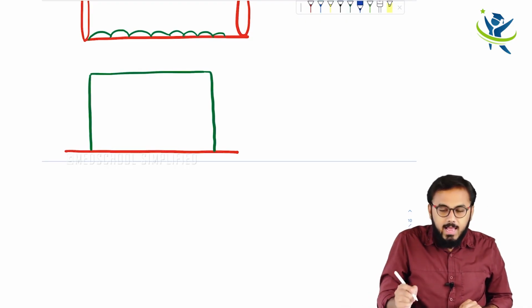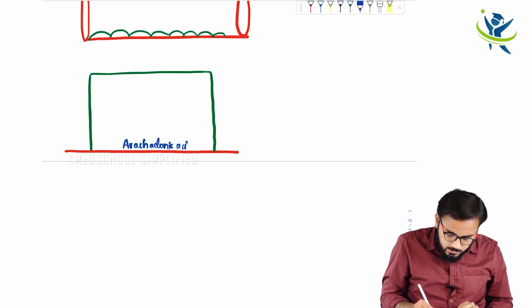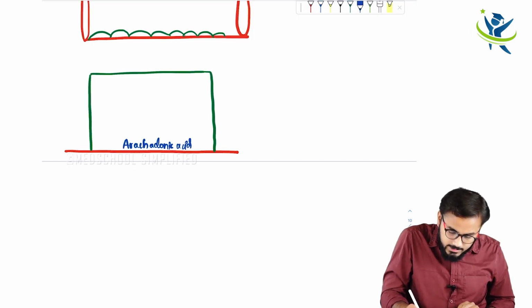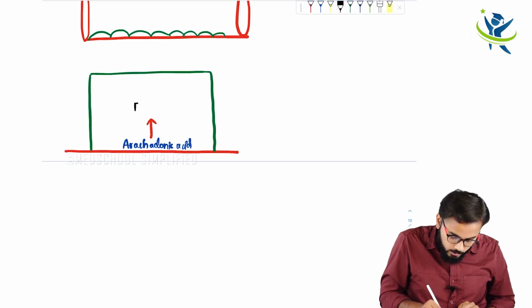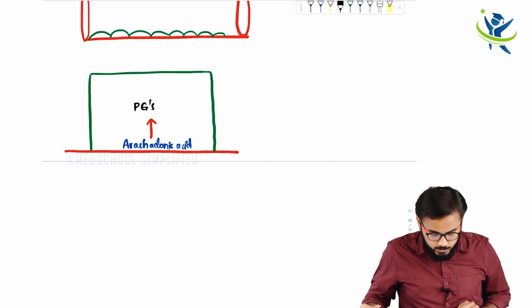Within the endothelial cell, I have got an acid that is called arachidonic acid. What does it normally do? Arachidonic acid is basically converted into prostaglandins.